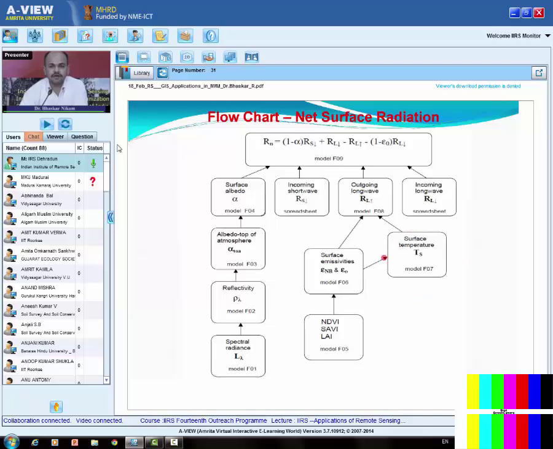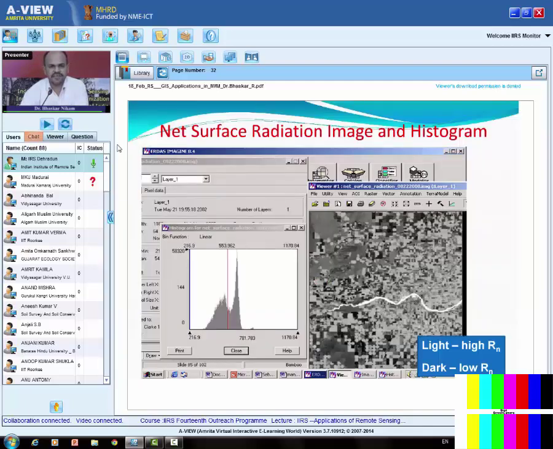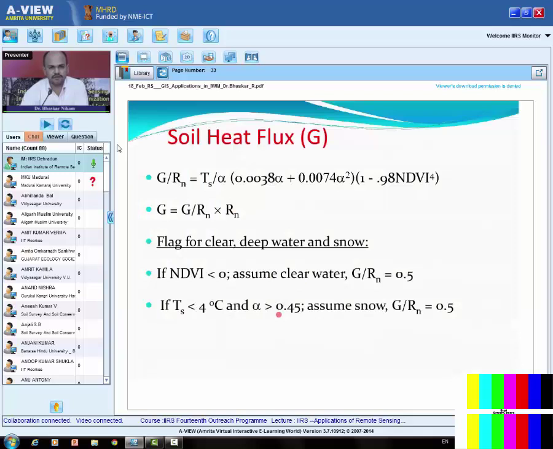Then you need remote sensing data acquired in thermal bands also to calculate the land surface temperature. Now from land surface temperature and emissivity, you can calculate the outgoing long wave radiation using the simple Stefan-Boltzmann law. Then incoming long wave radiation you can calculate if you know the near surface atmospheric temperature, and you can solve this entire net radiation. So now we have Rn.